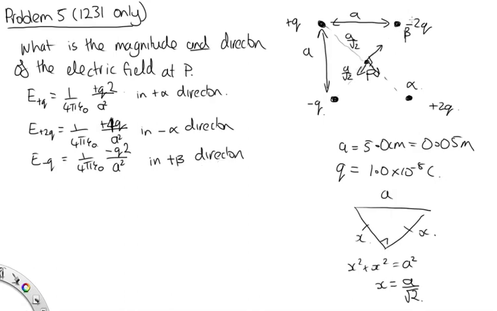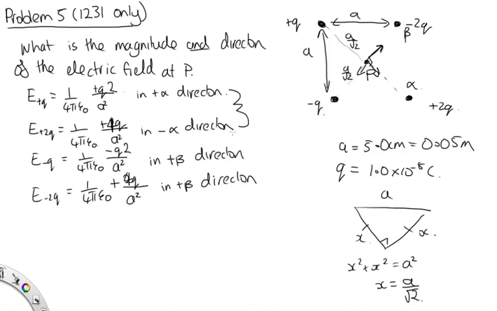And then for the minus 2Q, it ends up going in this direction, and so we've got E of minus 2Q is equal to 1 over 4 pi epsilon naught times minus 2Q over a squared. Now this is a squared on 2, so we put the 2 up the top and we end up with a 4. And that is in, well, let's make this a positive, and it's then in the positive beta direction. So these two cancel out a bit and these two cancel out a bit.